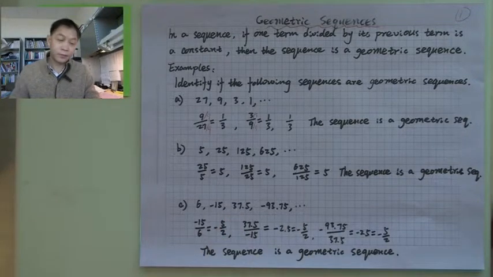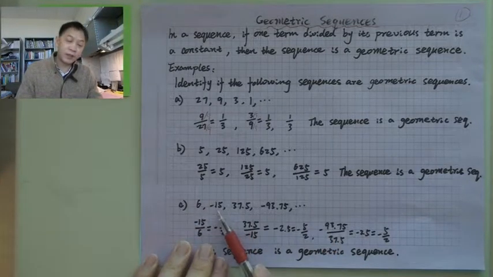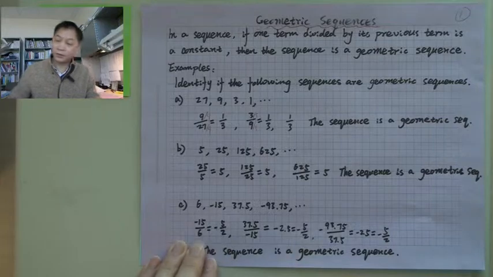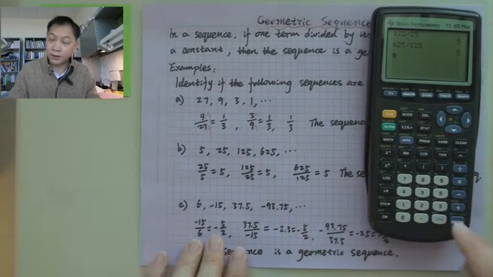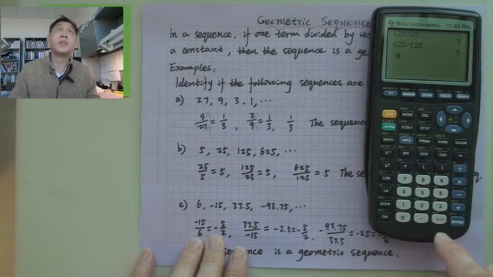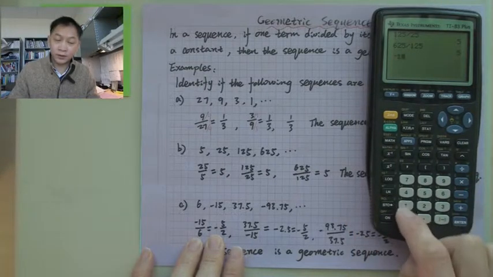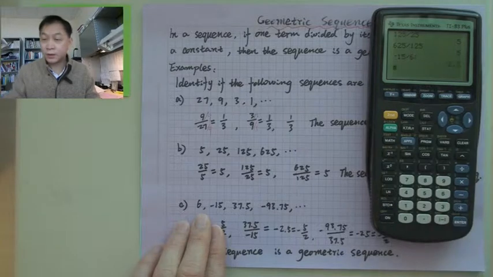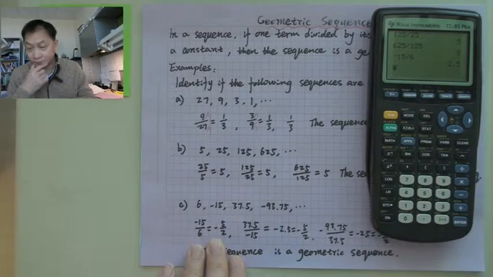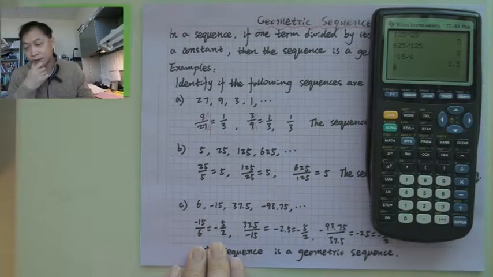Now, the last one, C. Negative 15 divided by 6. 15 is negative, 6 is positive. It is negative. Negative 15 divided by 6 is negative 2.5, which is negative 5/2.